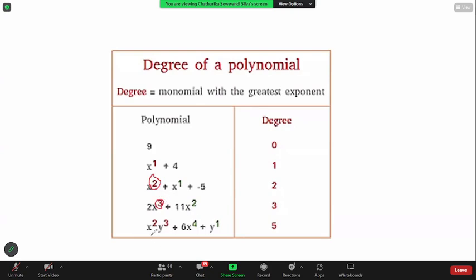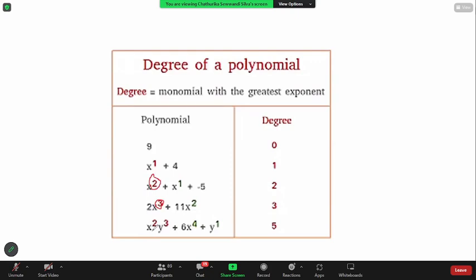And here x to the power 2 times y to the power 3 plus 6x to the power 4 plus y to the power 1. Look at this xy mixed term. In this particular term, both x and y are there.